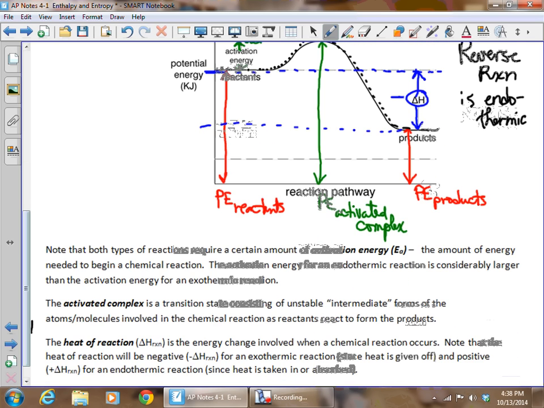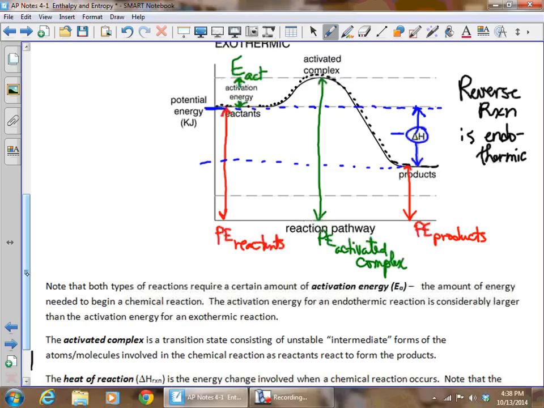So what happens if we add a catalyst to the system? As we said before, the catalyst lowers the activation energy hump. I've seen them on the AP test ask you to draw in what the diagram would look like if a catalyst were added. And what it looks like is this. You still have the same delta H value. The difference is, look at that hump, it lowers the activation energy hump, and that's why it speeds up the chemical reaction.